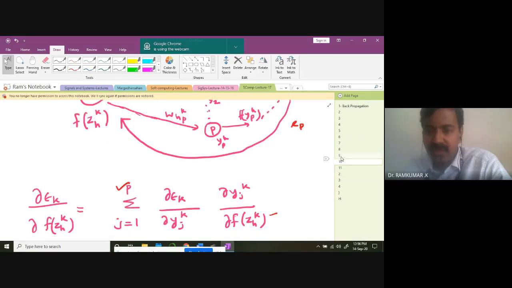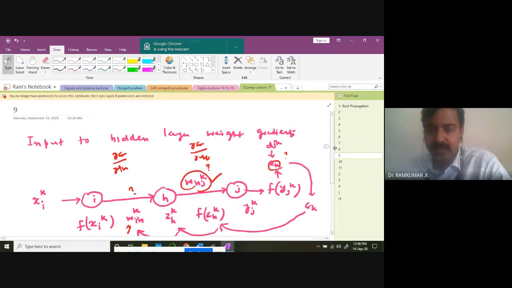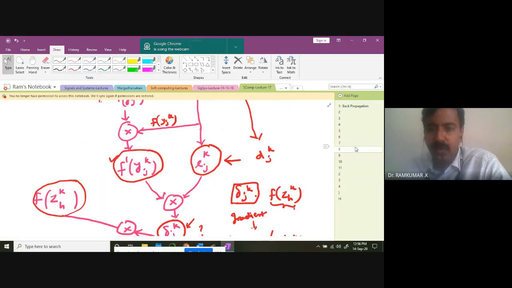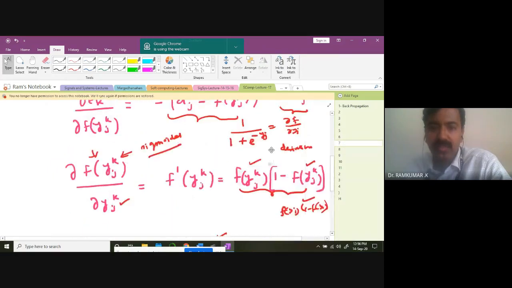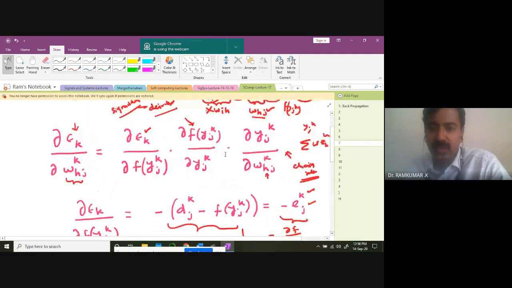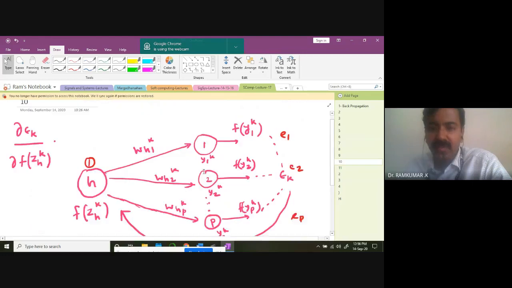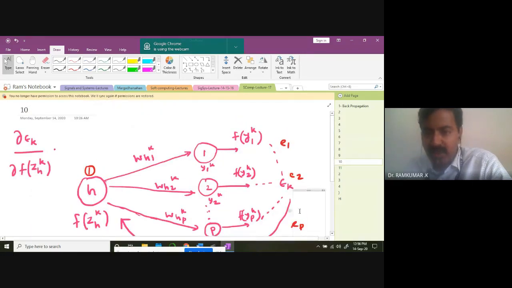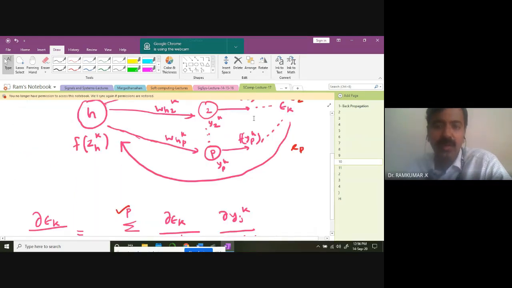Can you see the previous case? For the output layer, when we compute the derivative dou EK by dou f of YJK, for every neuron there is only one error, no problem. But in this case, when you compute the derivative of dou EK by dou f of ZHK for one hidden neuron, we need to take into account all these errors, E1, E2, E3, up to EP.